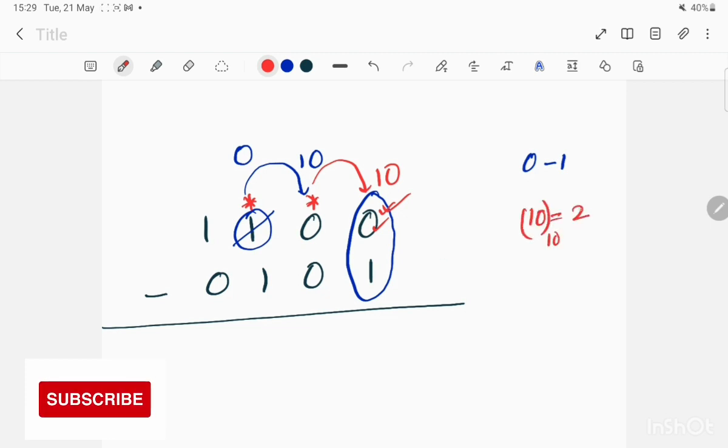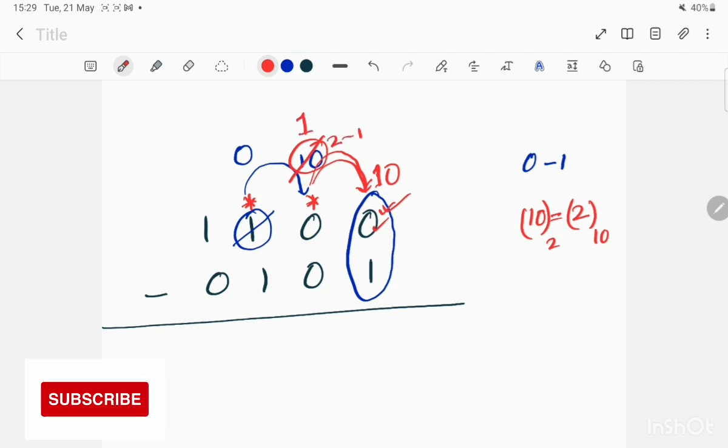1 0 in binary is nothing but 2 in decimal. So when it gives 1 to this particular position, this becomes 1. Because this is actually 2.